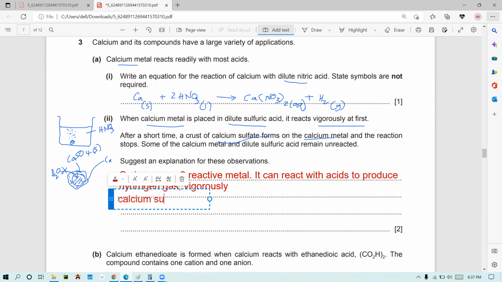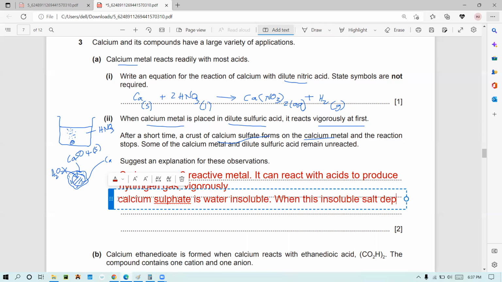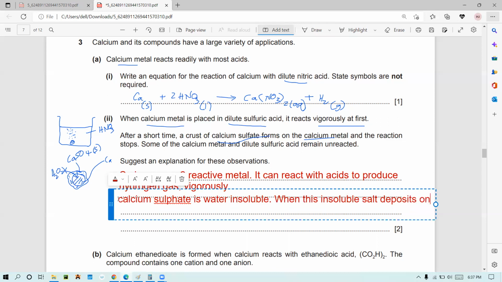Calcium sulfate is water insoluble. When this insoluble salt deposits on calcium, nitric acid cannot come in contact.